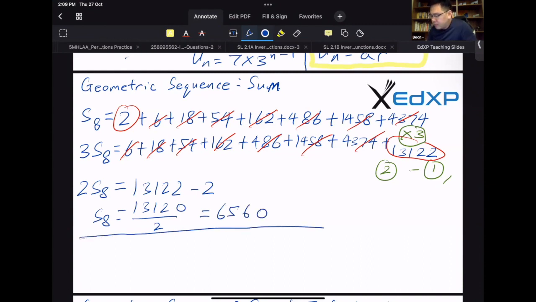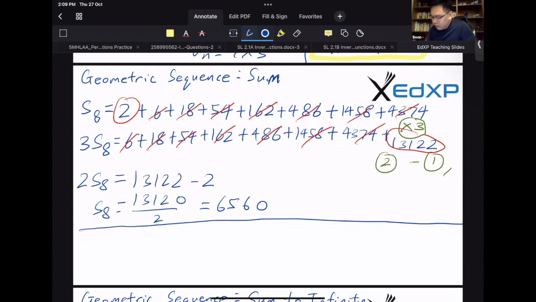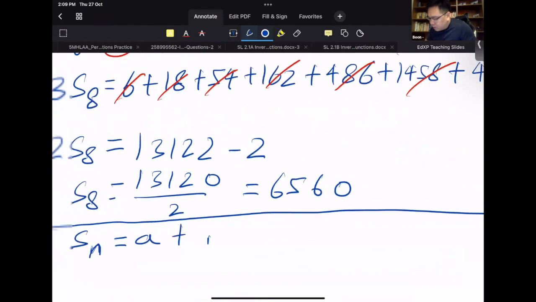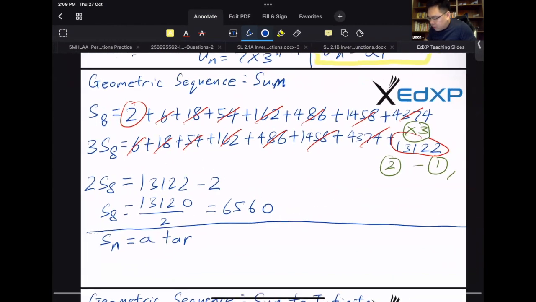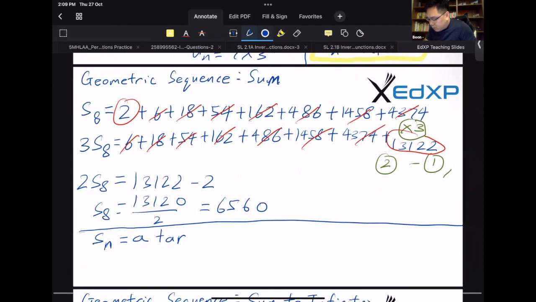I'm going to apply the same thing generally. Let's do Sn, the sum of n terms for a geometric sequence. The first term we know is a. The second term is ar. Let's do one more term: ar squared.